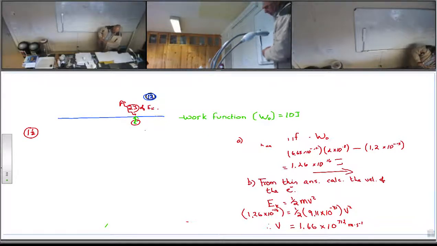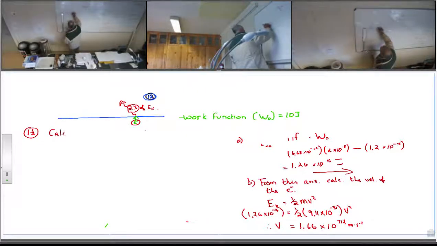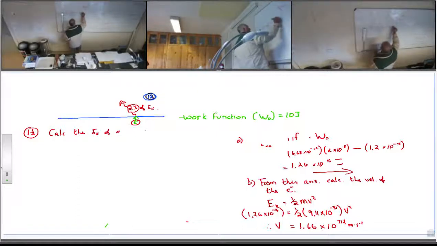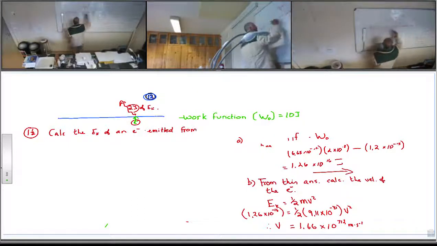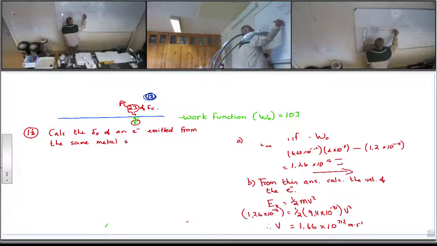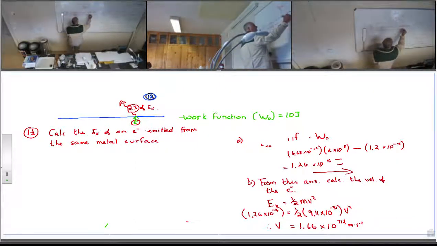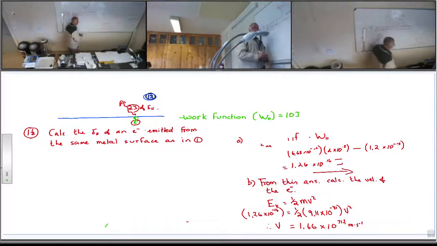Calculate the EK of an electron emitted from the surface of a metal, so from the same metal surface as in question 1.